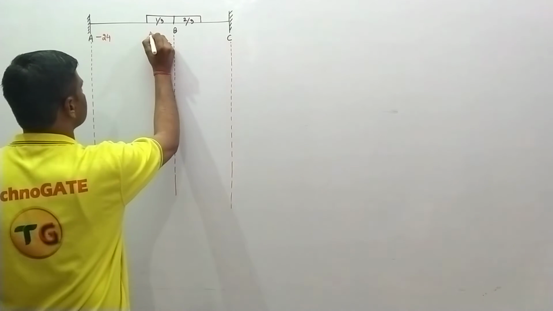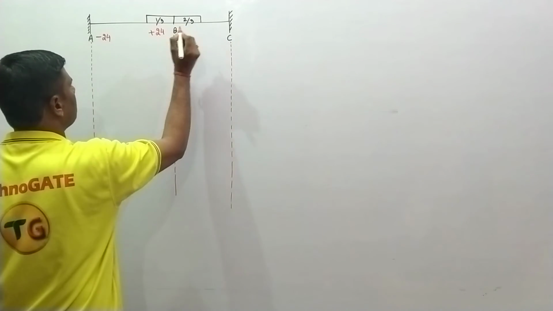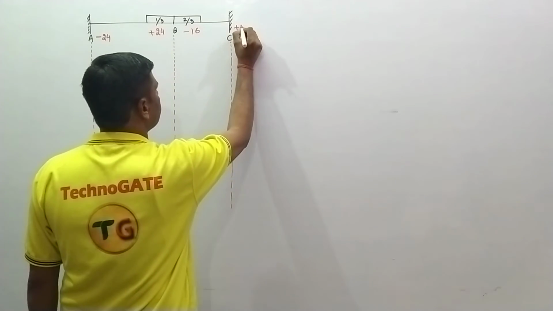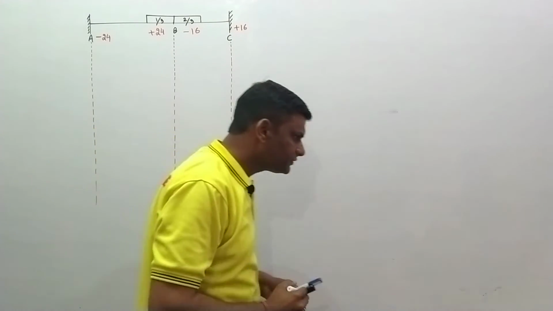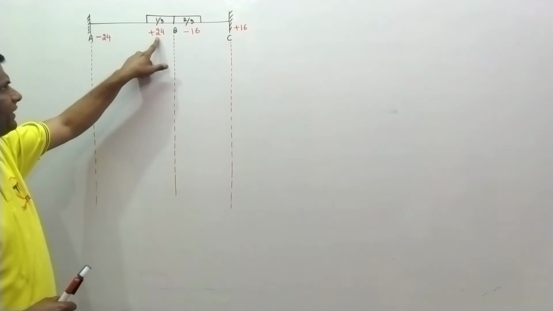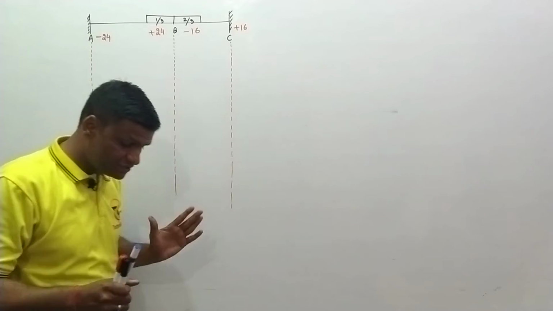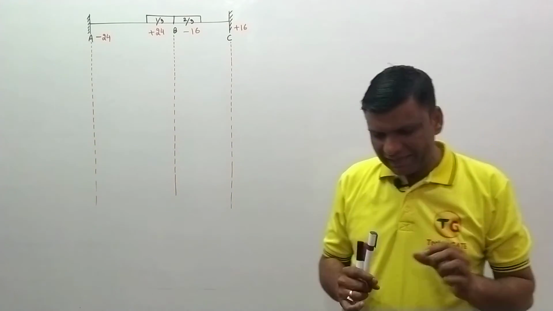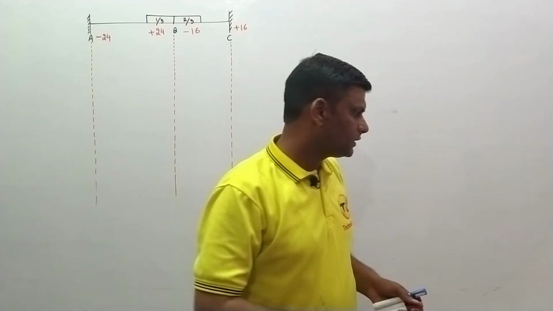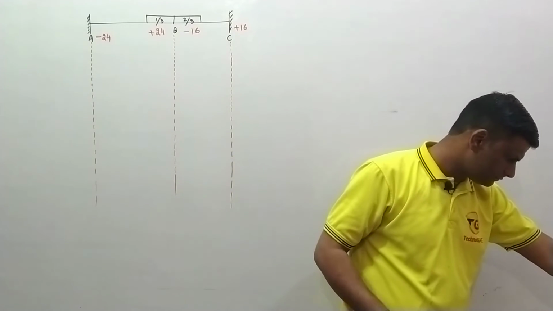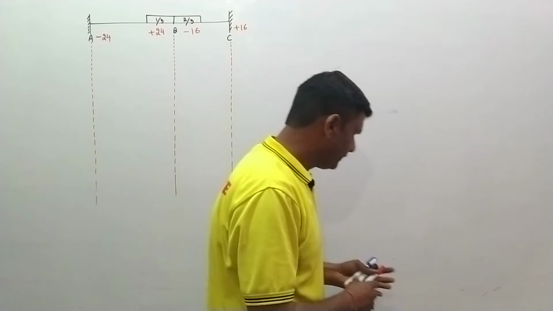At joint B, the end moment was plus 24 and here minus 16. Here plus 16. Yes or no? Yes, these values were there. So my dear students, plus 24 minus 16, it means the unbalanced moment is basically plus 8.